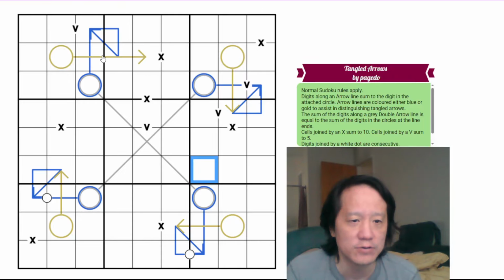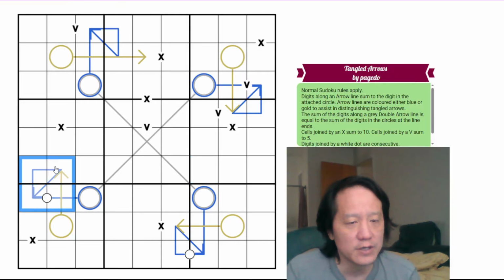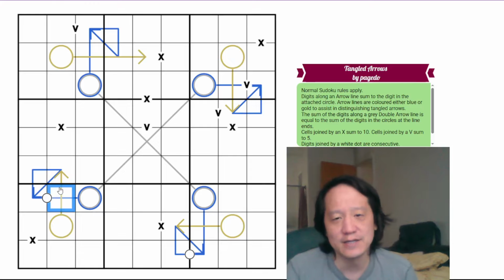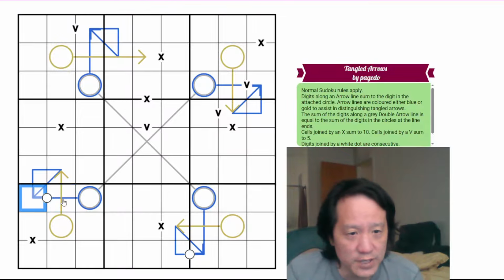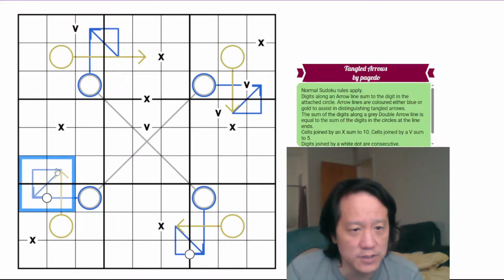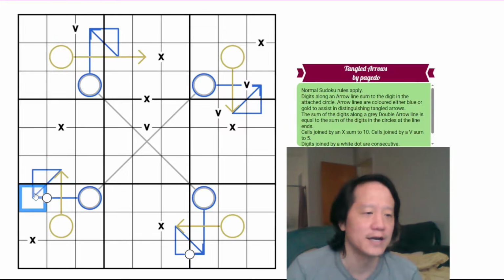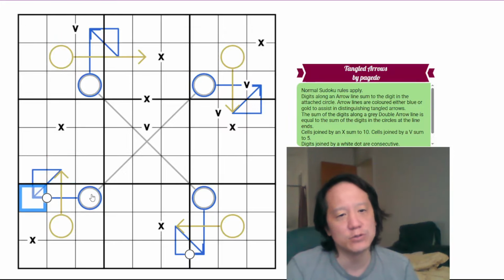And these are arrows that are tangled because I'm not really sure. It's just basically they are tangled. But that's the theme, obviously, for this puzzle. So, for example, I assume that because the arrow goes here, then here, then here, then here, the sum of the digits here plus this plus that, and that again must equal the digit that is here.